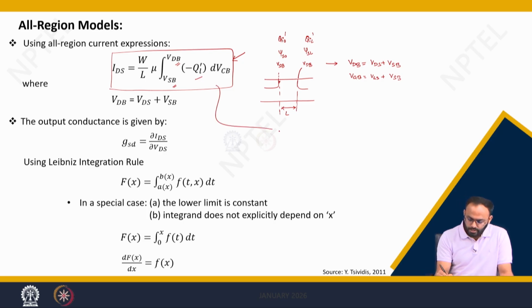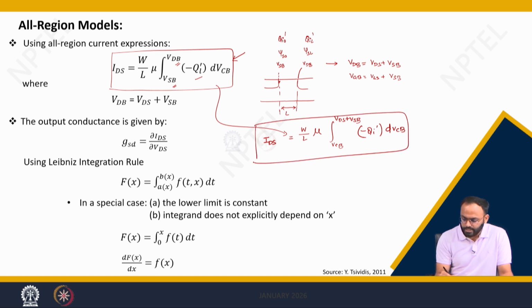So this equation can be defined as W by L mu times the integration from VSB to VDS plus VSB of minus QI dash dVCB, which equals IDS. Now we are interested in calculating the source to drain conductance, which is nothing but delta IDS divided by delta VDS.